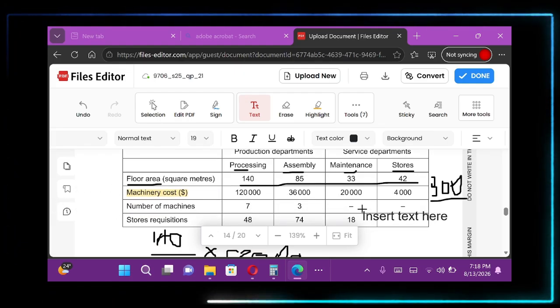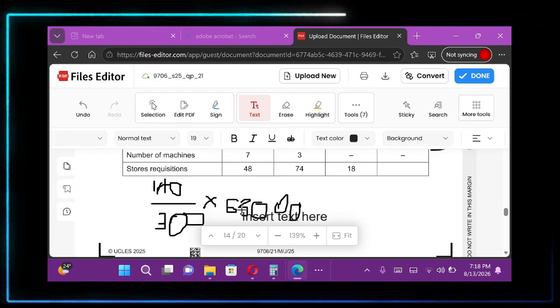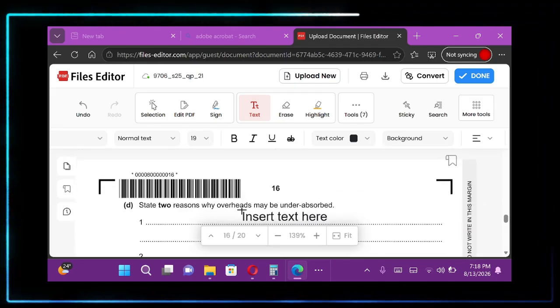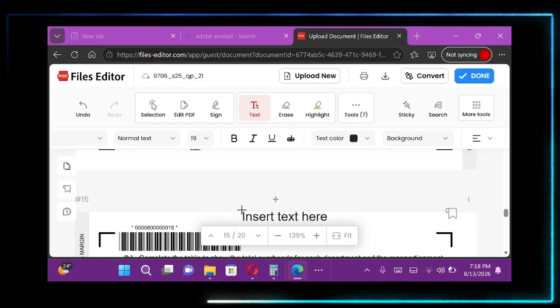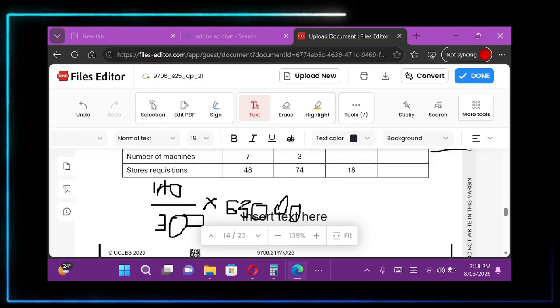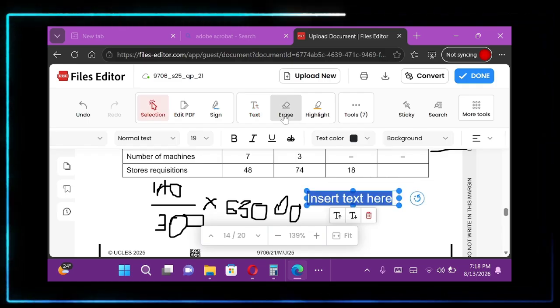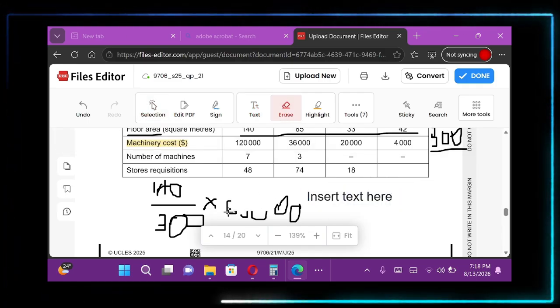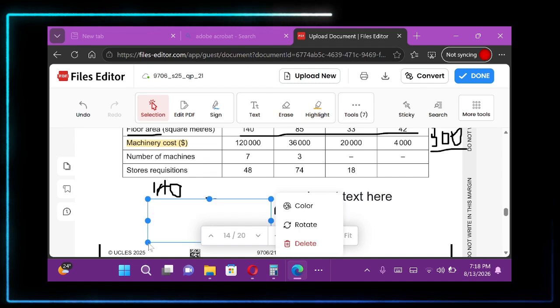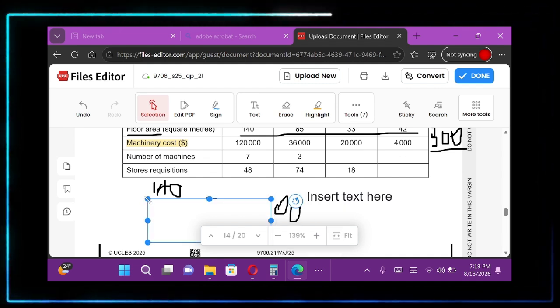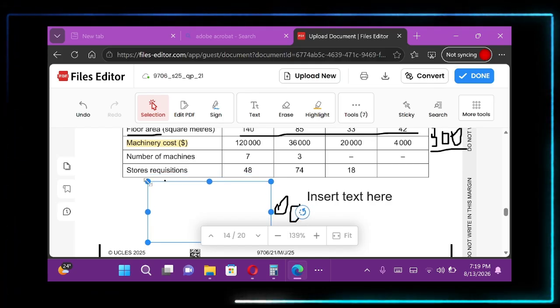Where can we save it? I'm not sure where we can save it. Let me quickly erase this so I can have more space.